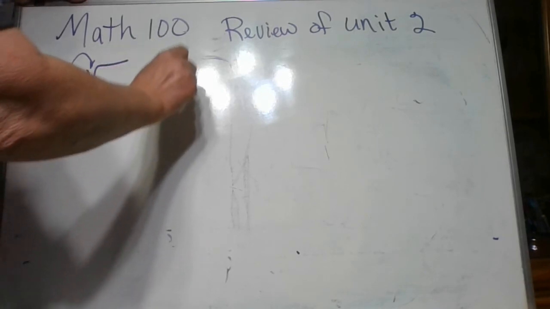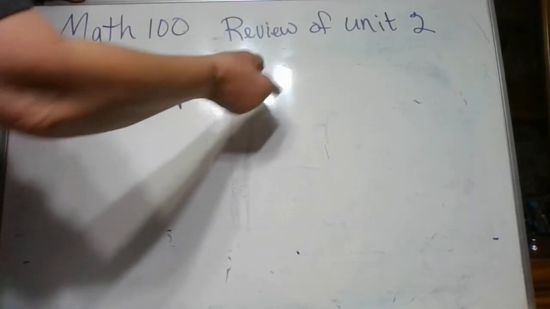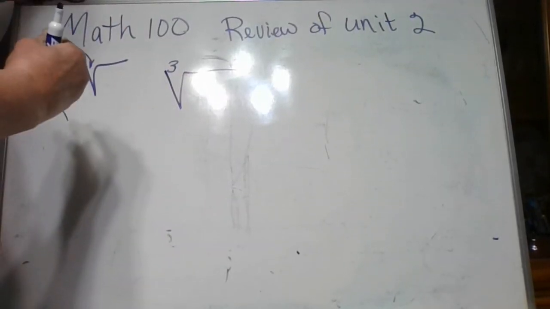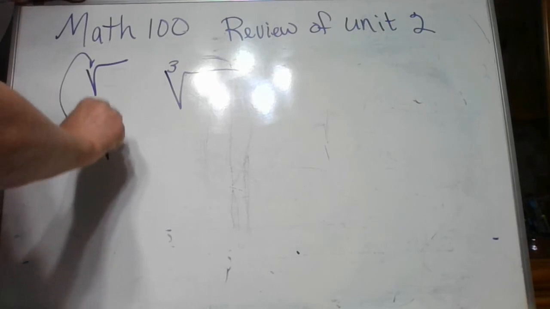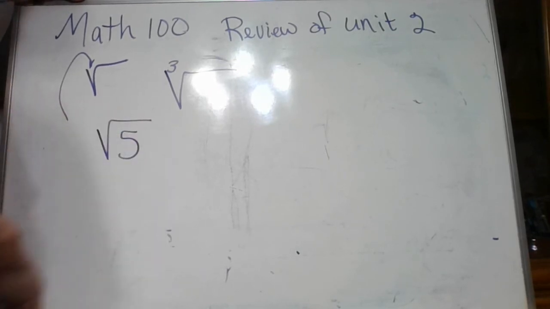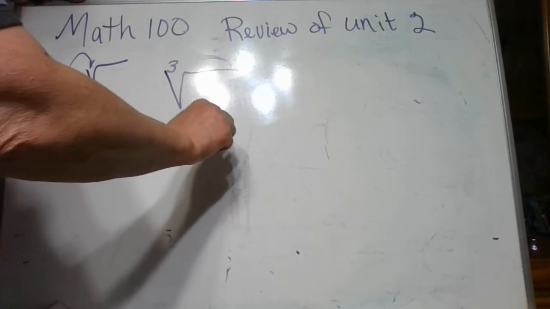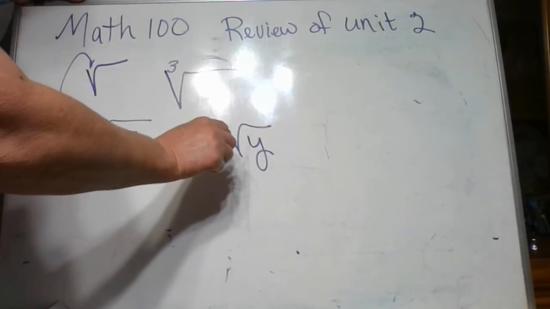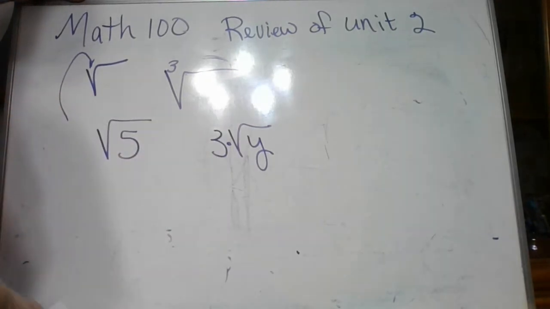So if I want it to be 3, I'm going to have to write it in there. If I want it to be anything except 2, I have to write it in there. So if you see it and it's just this and you have a 5 in there, that means square root of 5. If I have 3 on the outside and a y on the inside, that's 3 times the square root of y.